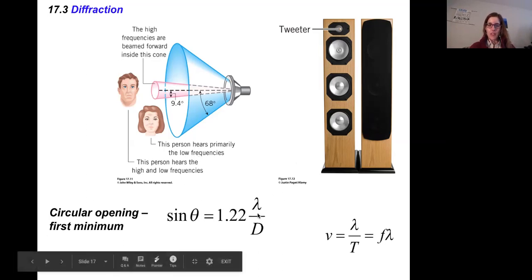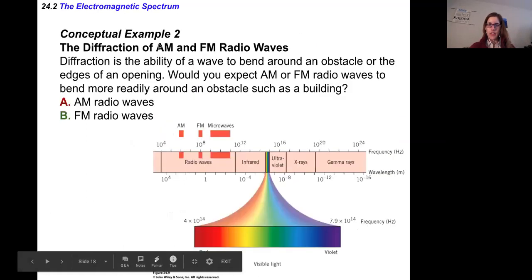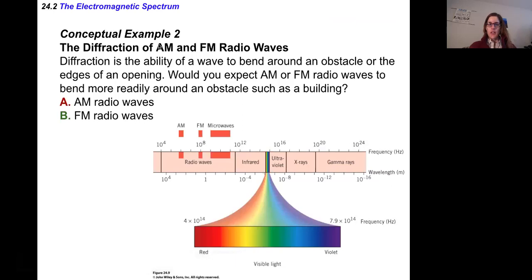The main thing to take from this is that the wavelength is proportional to the angle of bending. So if we go back to this, we know diffraction is related to this bending around an obstacle, and that we get more bending with a larger wavelength. So pause for a moment and reflect on which answer you would say.